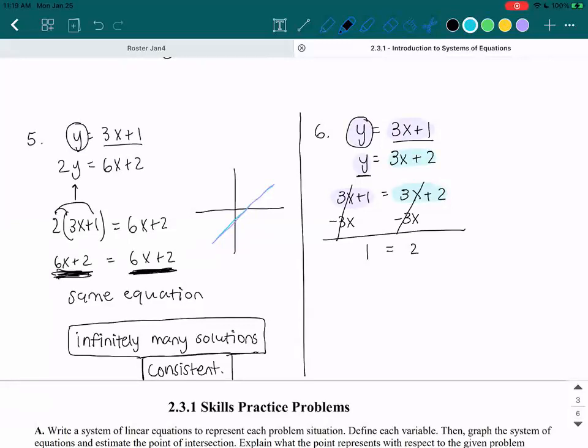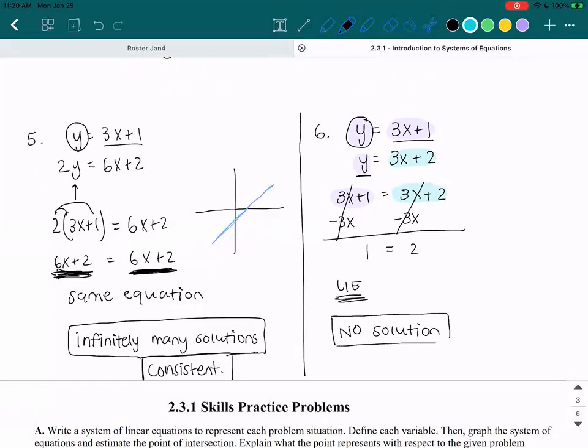Now it says 1 is equal to 2, which is like a lie, because I know 1 is not equal to 2. Cat is not equal to dog. Phone is not equal to computer, right? These are like different things. So this is a lie. So if your equation ends up lying to you, this is no solution.